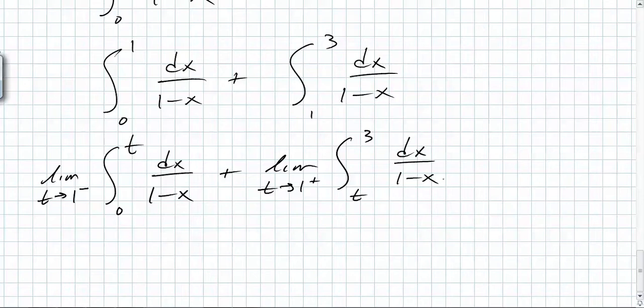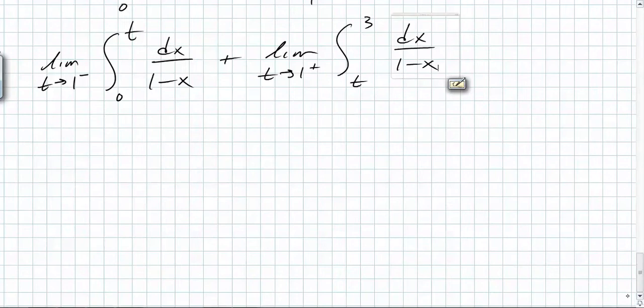Try doing that right now. See what happens. The integral of the first one, you have to evaluate from 0 to t. It's going to be ln of the absolute value of 1 minus x, not needed in the first one but in the second one, from 0 to t.